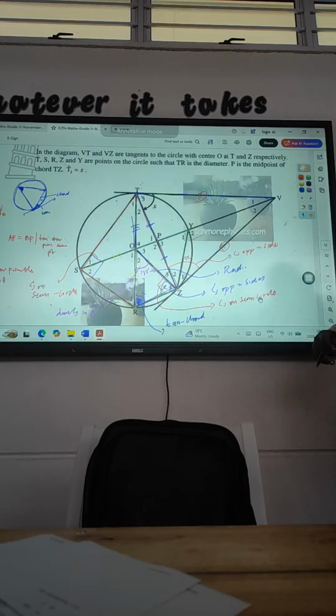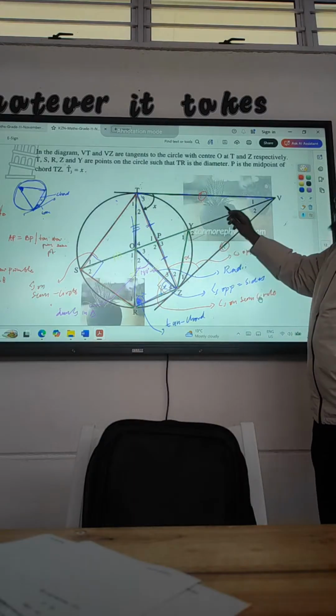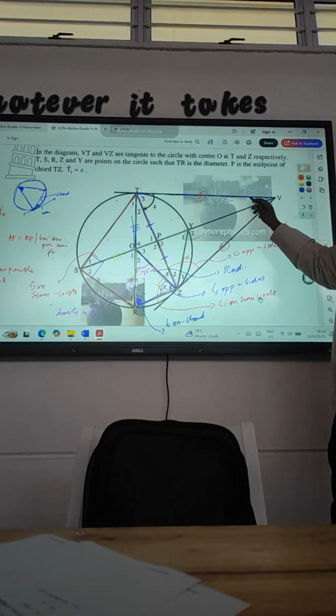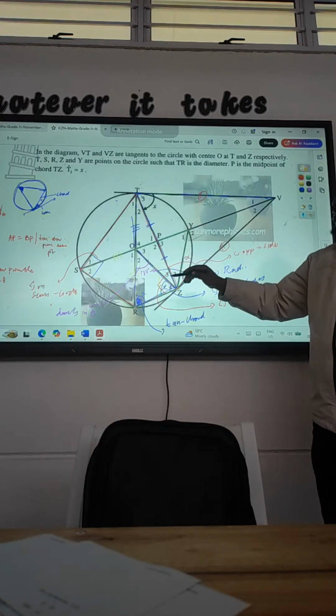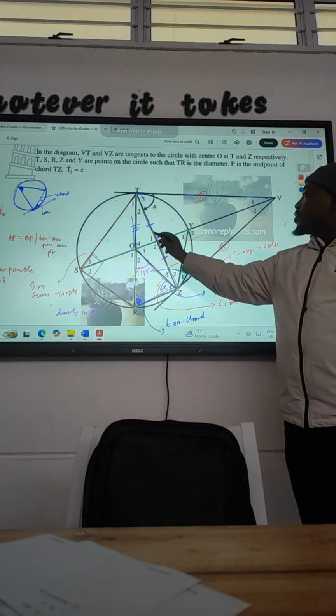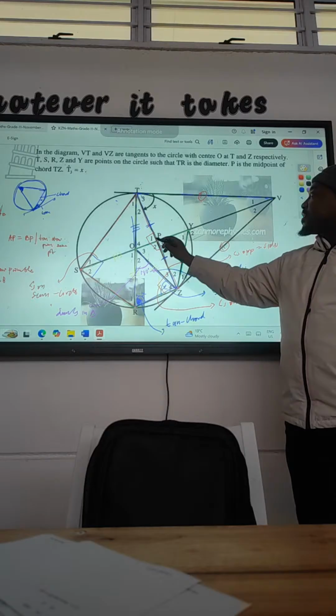P1, V1. Okay, let's start this side. You see P1 is equal to 90 degrees, so we have 90 degrees this side. We have 90 degrees this side.